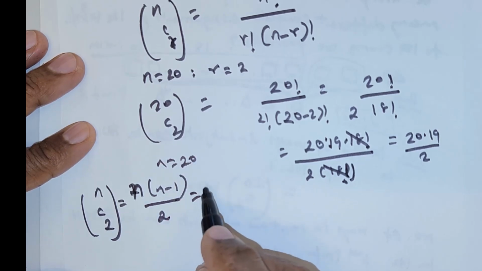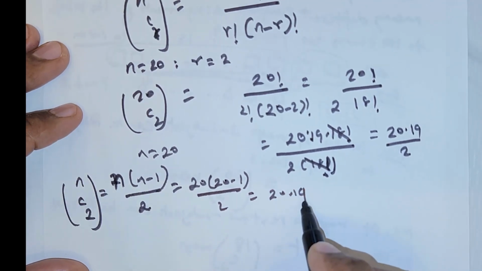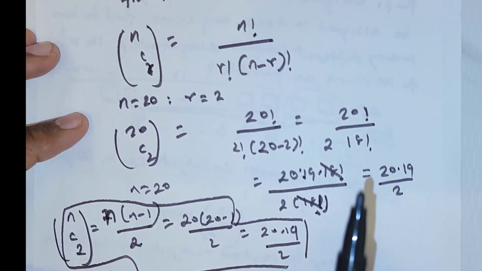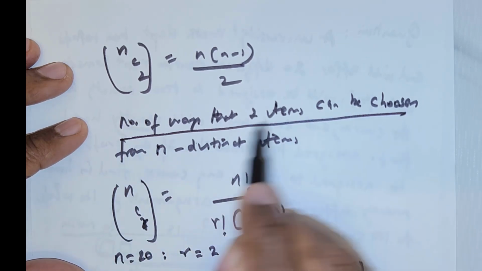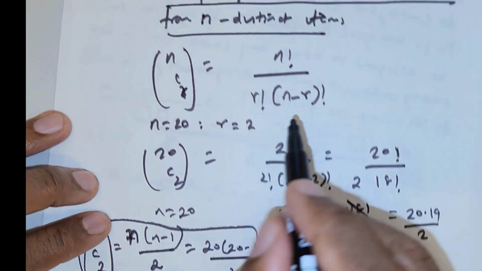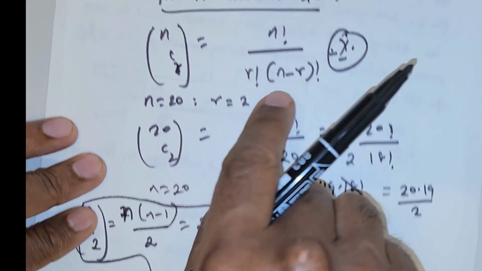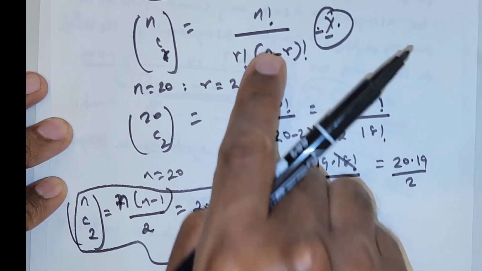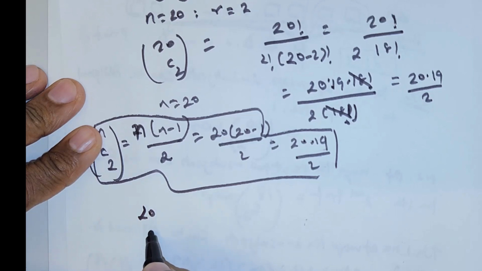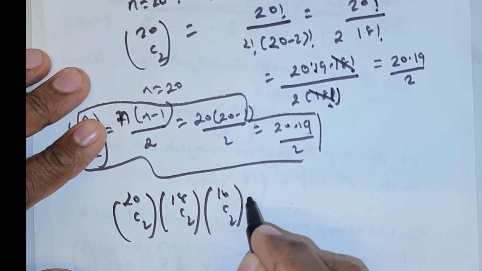Since n is equal to 20, this is 20 times 20 minus 1 divided by 2, which is 20 times 19 over 2. You follow me? This is exactly what we are getting. This is the situation for the number of ways two items can be chosen from n distinct items, but the parent formula is this. Having shown you how the parent formula reduces to n into n minus 1 over 2, we can now rewrite 20C2 multiplied with 18C2 multiplied with 16C2 and so on.